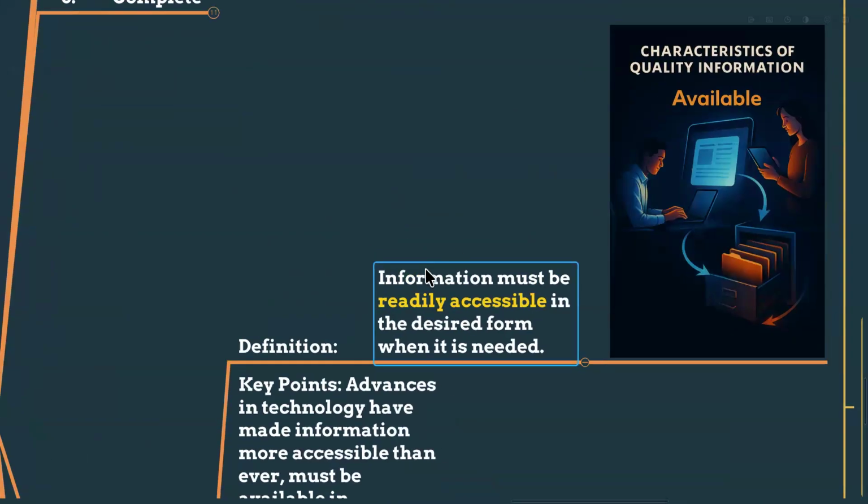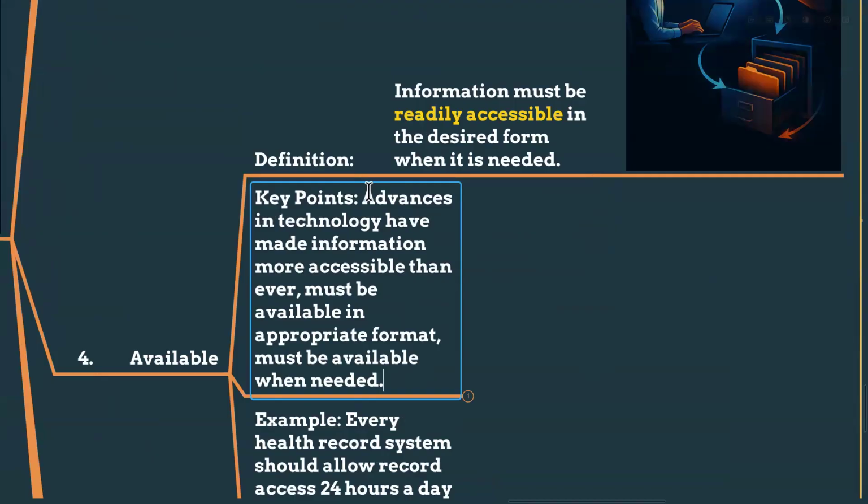That is availability. That is also one of the most important, because like water from the tap, it's very instant and very easy. Like that, the information must be readily accessible, whatever the form they want, right? So the key points are here.